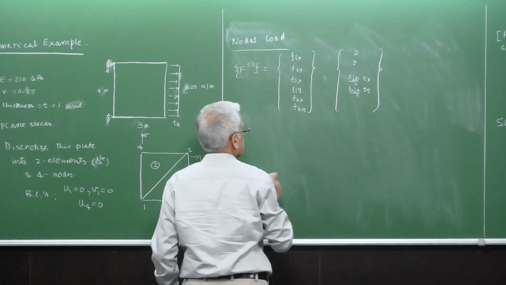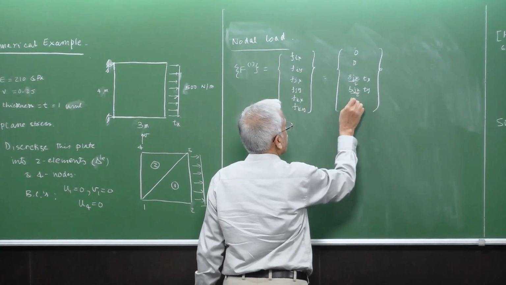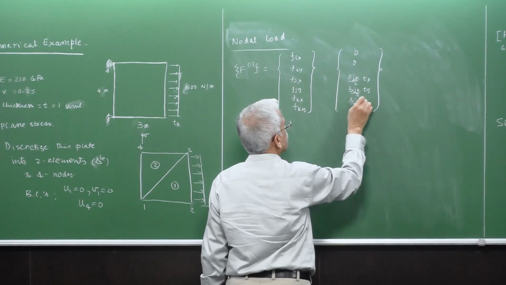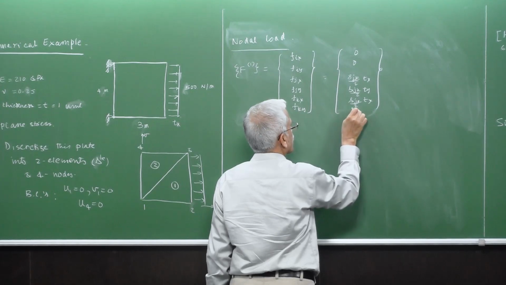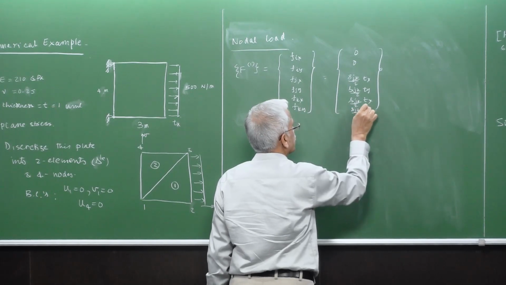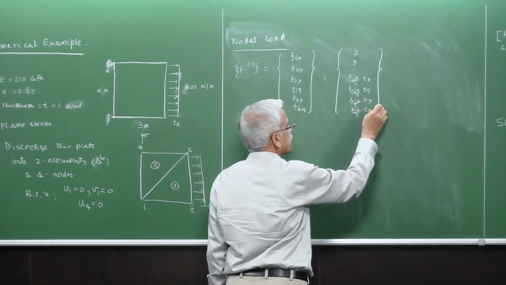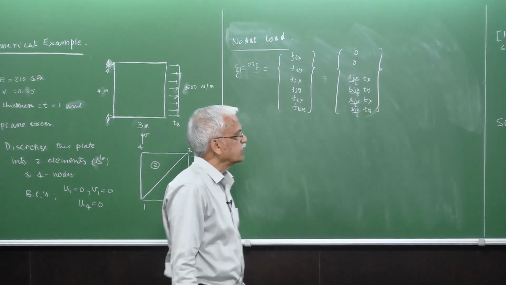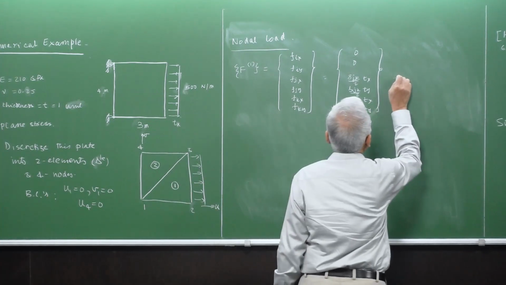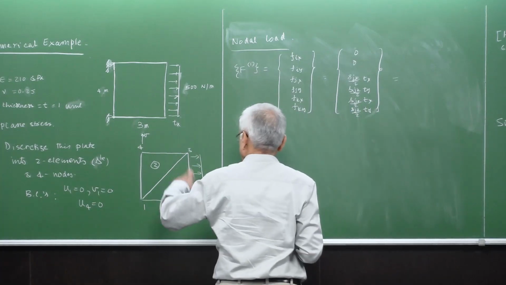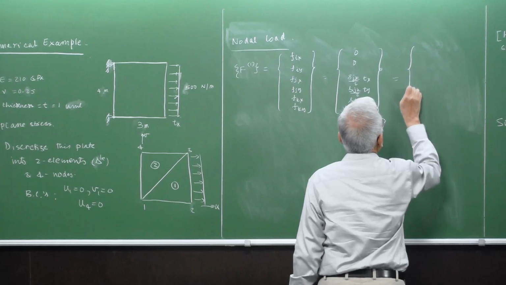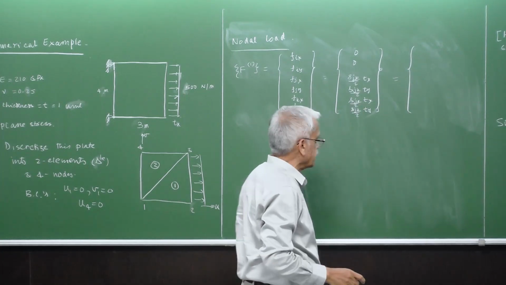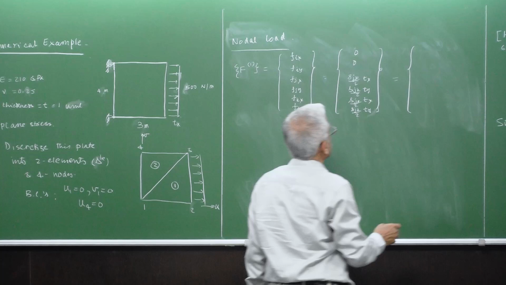So this is tx ty on jk, and sjk by 2 tx and sjk by 2 ty, right? So this is how the side jk, that is number 2, 3, is being acted upon by the nodal forces because of the traction here.